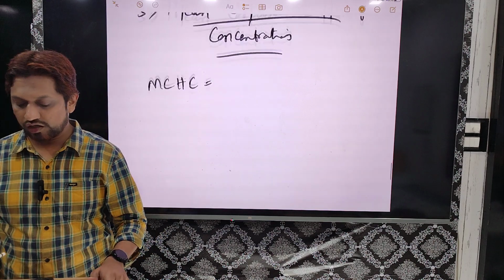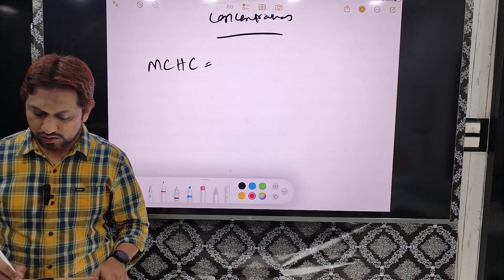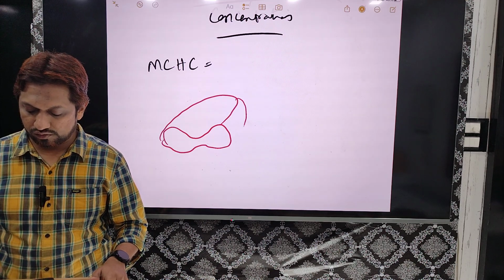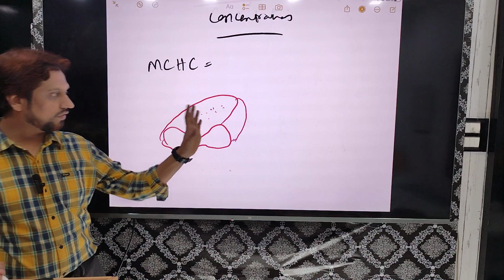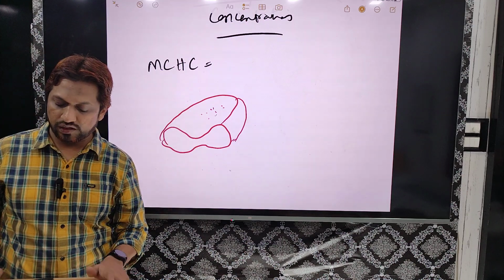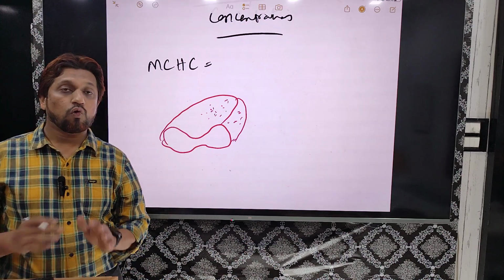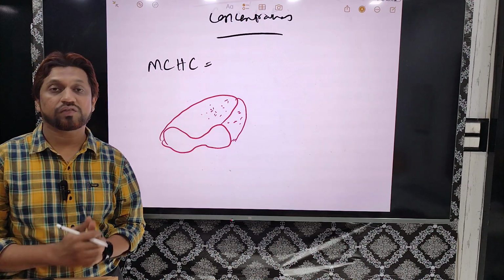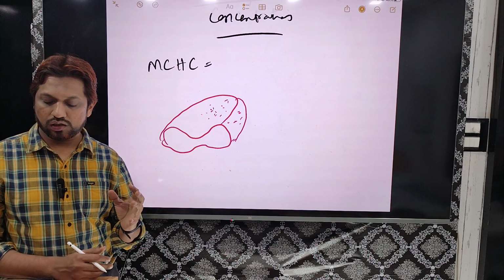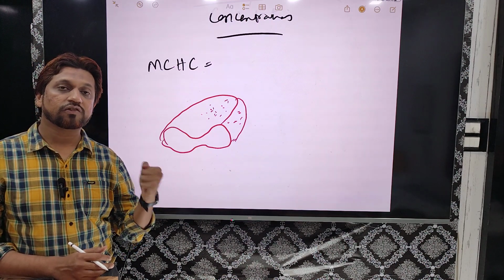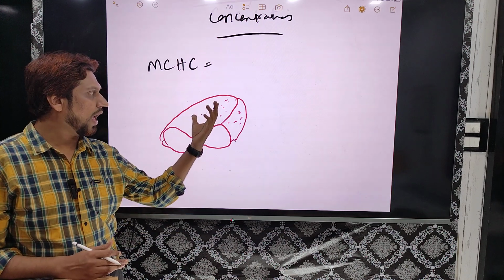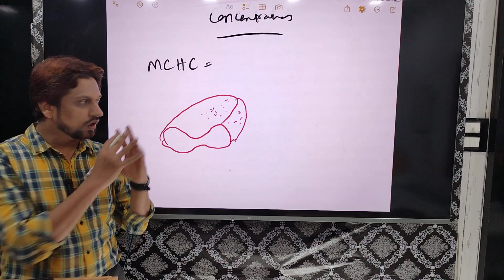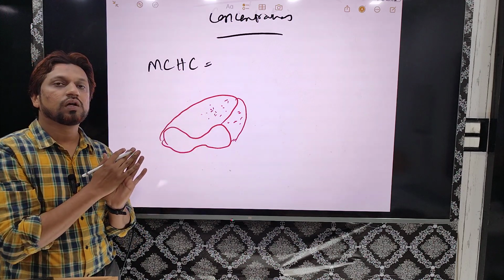So mean corpuscular hemoglobin concentration. Again I'll draw a cut section of a single RBC. Now as I already discussed, in this RBC the hemoglobin is also present, right? Hemoglobin is basically a protein. Now how much hemoglobin is present in terms of percentage, that is, the total amount of hemoglobin expressed as a percentage of the total RBC volume.